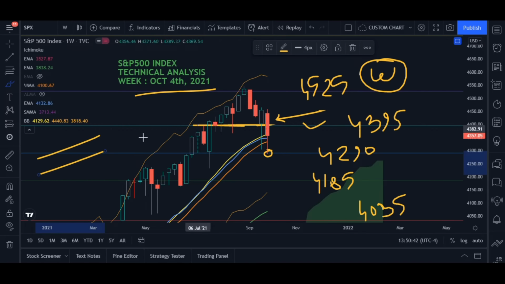And in my last videos I told you that supports and resistances are not just one price. They are zones, and in these zones the market oscillates. These zones have a lower value and a higher value, and this is the mean value. For example, in this case the market rebounded from 4290, because 4290 is the mean value of this zone.